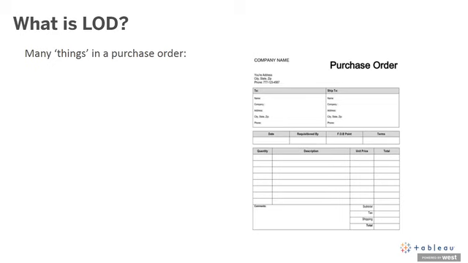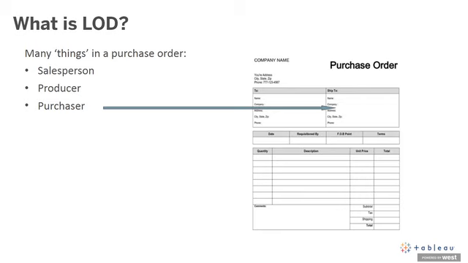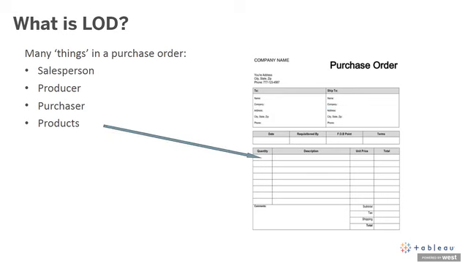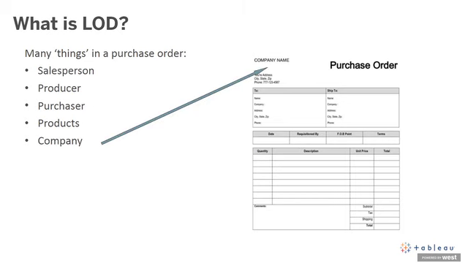If we talk about the different elements, there's a salesperson, there's the producer, the person who's actually producing the item that we're purchasing. There's the purchaser, the customer who's buying the item. There are the products that the person is buying, and each one is entered here in a row of this form.